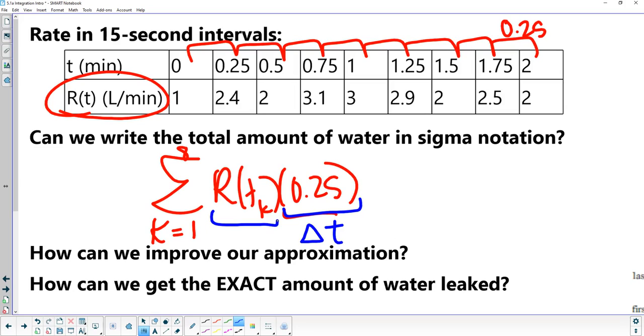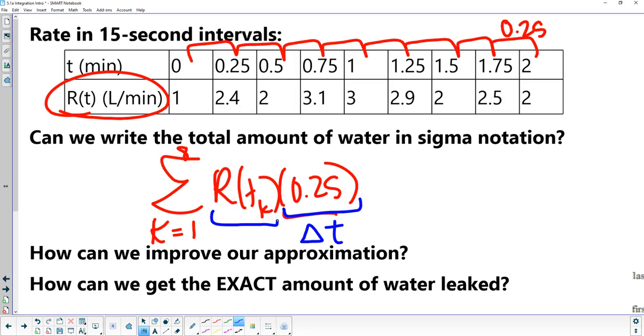How could I get an even better approximation? More data. The problem with more data is more math, more work. How many rectangles would we need to get the exact amount of water? Like an infinite number, right? I need snapshots every moment, okay? So infinity, that's where limits come in, and that's really the study of calculus, right?